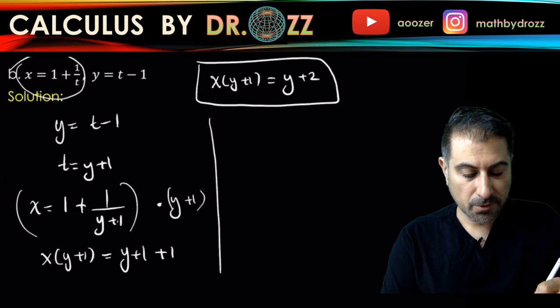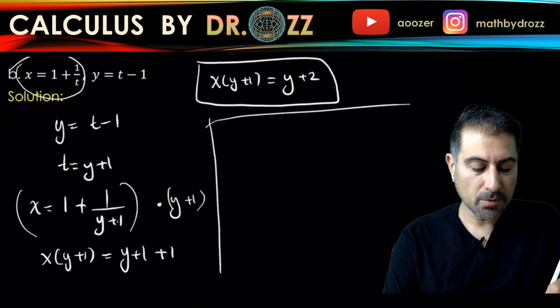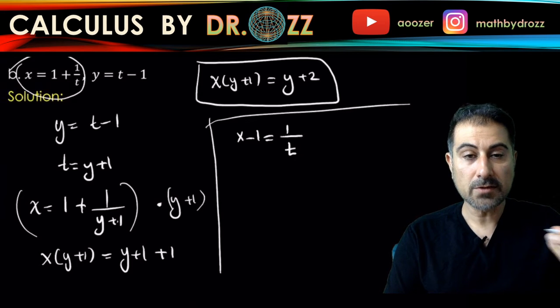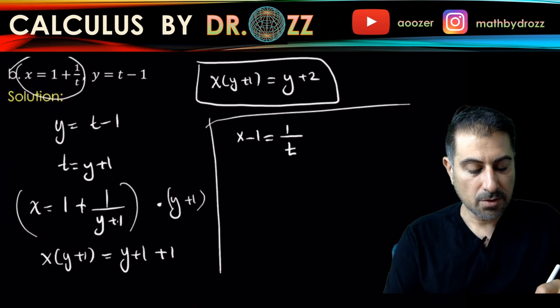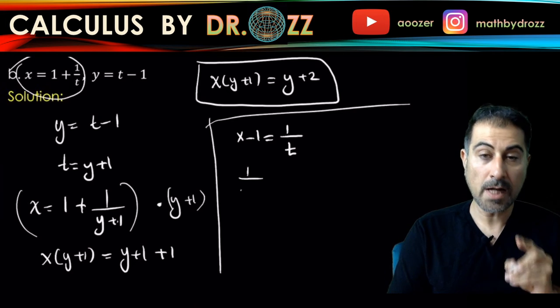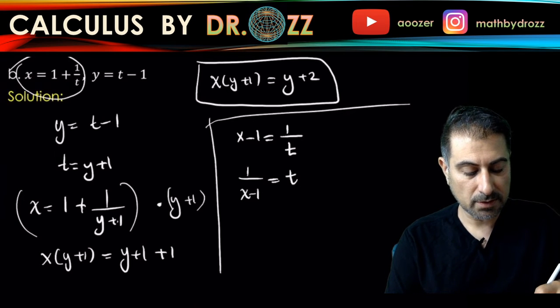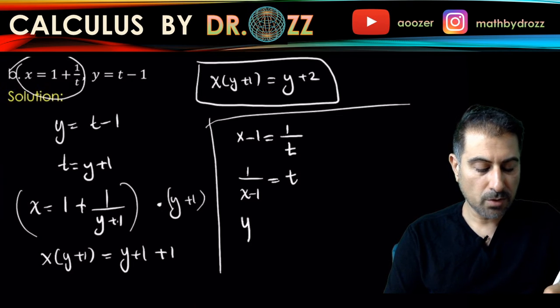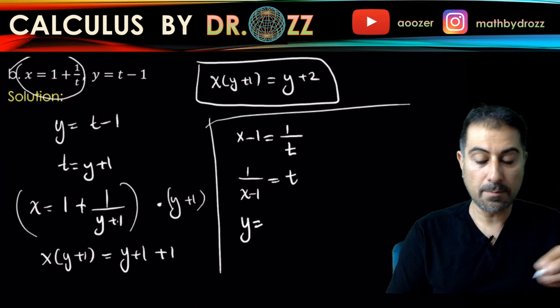First of all, x minus 1 equals 1 over t. If you take the reciprocal of both sides, you have 1 over x minus 1 equals t. Now this looks better because I can plug this t back into the second equation to get y equals 1 over x minus 1, minus 1.